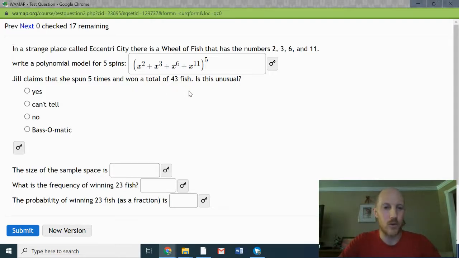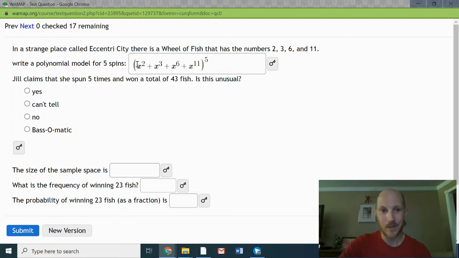Well, I need to go to the polynomial model to find out. WALMAP is not going to give you the expansion of this polynomial model, so we'll need to go to Wolfram Alpha to get the expansion, and then we could have a more informed answer for whether 43 is an unusual number of fish.